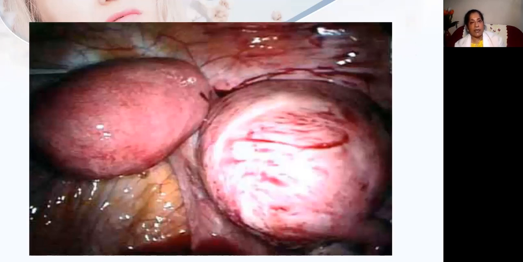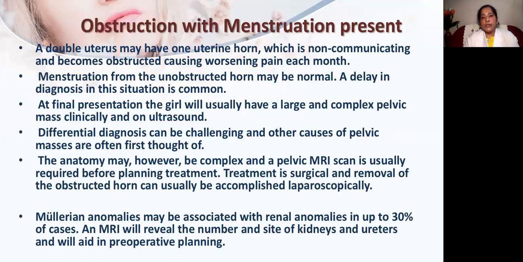So what do you think this is? When a laparoscopy was done to identify the cause of her pain, we could see that there are two horns of the uterus. So this was obstruction with menstruation present.